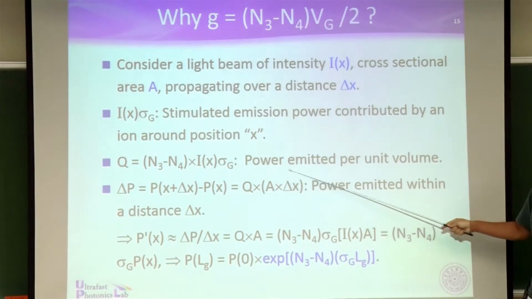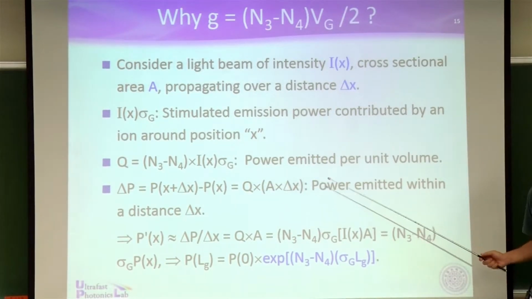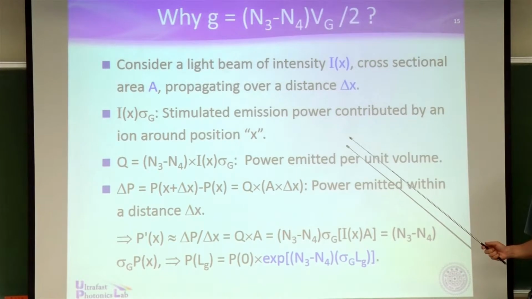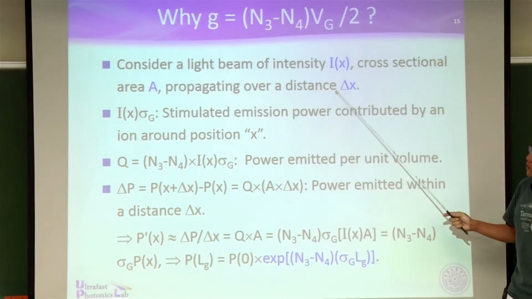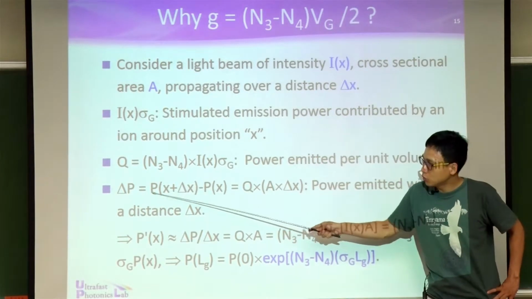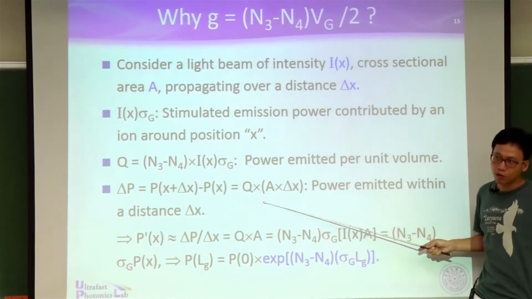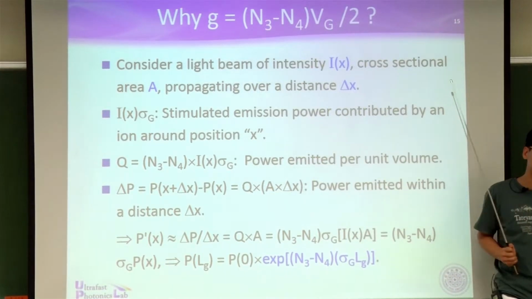So this is a volume, and this is power per unit volume. So the product is the power generated within a short distance, delta x. That's why the new power minus the old power should be the power difference.